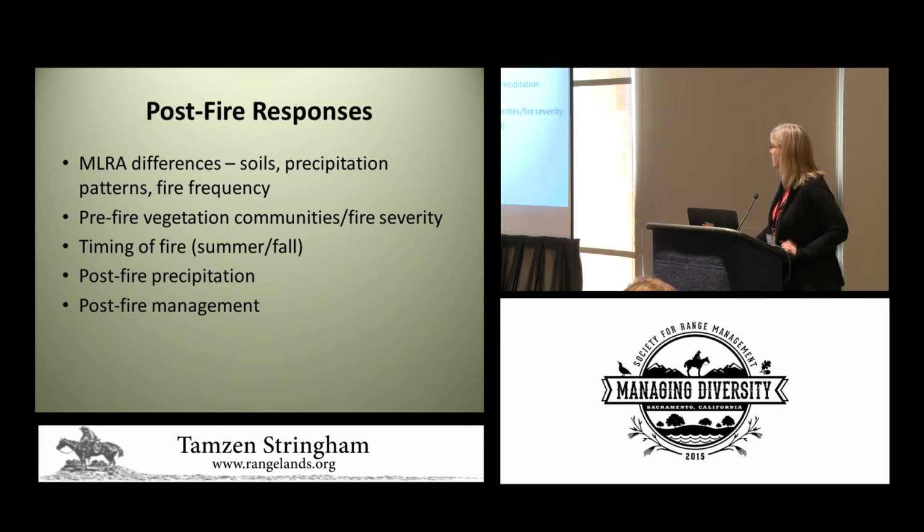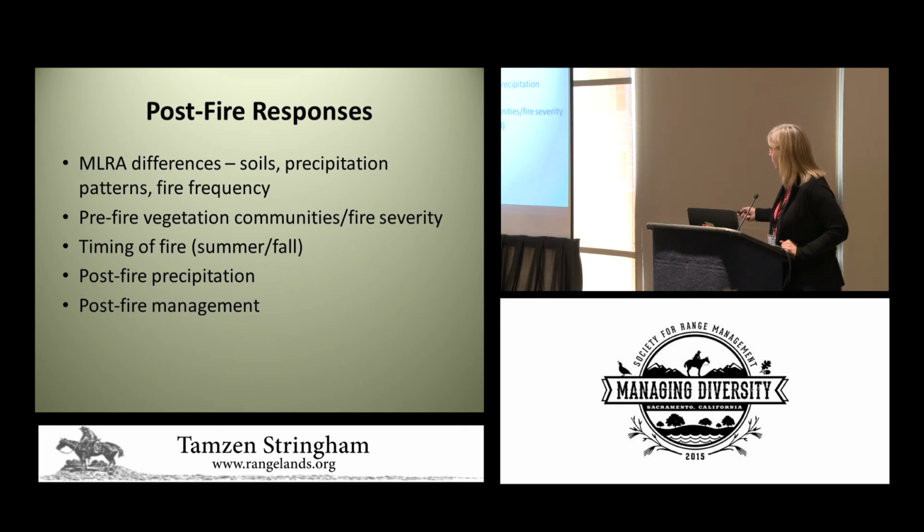So there are MLRA differences. I want you guys to have that as a take-home message. Resilience varies by these MLRAs: soils, precipitation patterns, fire frequency. Pre-fire vegetation communities are important to know what's out there. Fire severity matters on response. How hot was that fire?